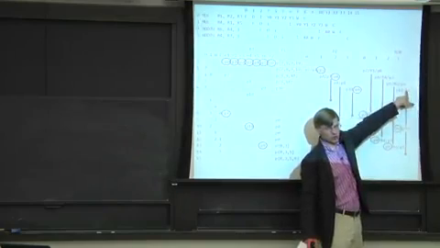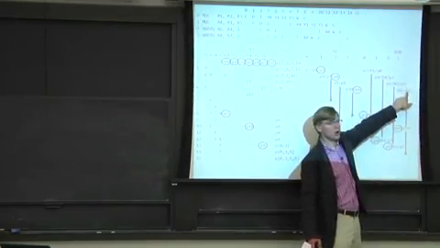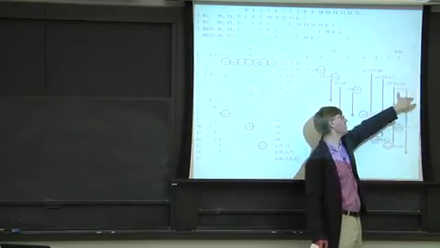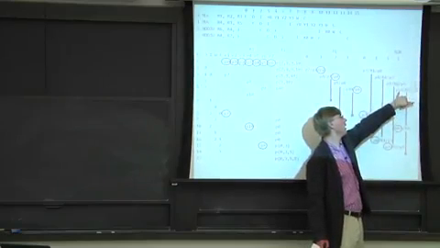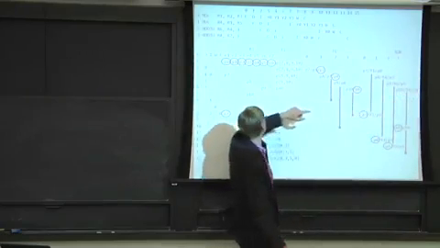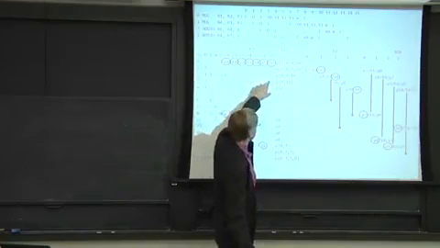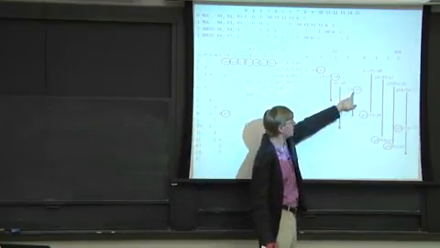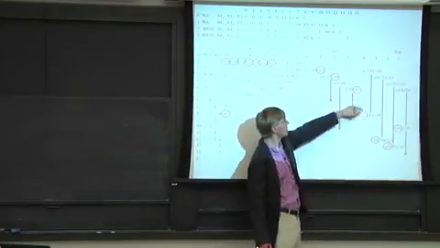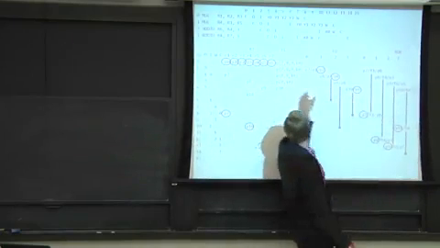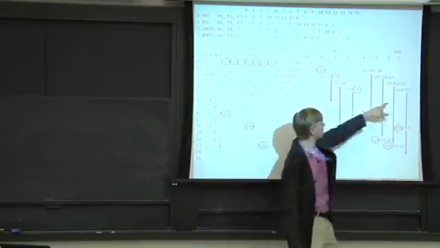We had allocated P10 to that, and we did that right here when we actually issued it. So we pulled it off the free list. And the previous thing that it wrote was P8. So when that ultimately commits, P8 is going to end up back in our free list.